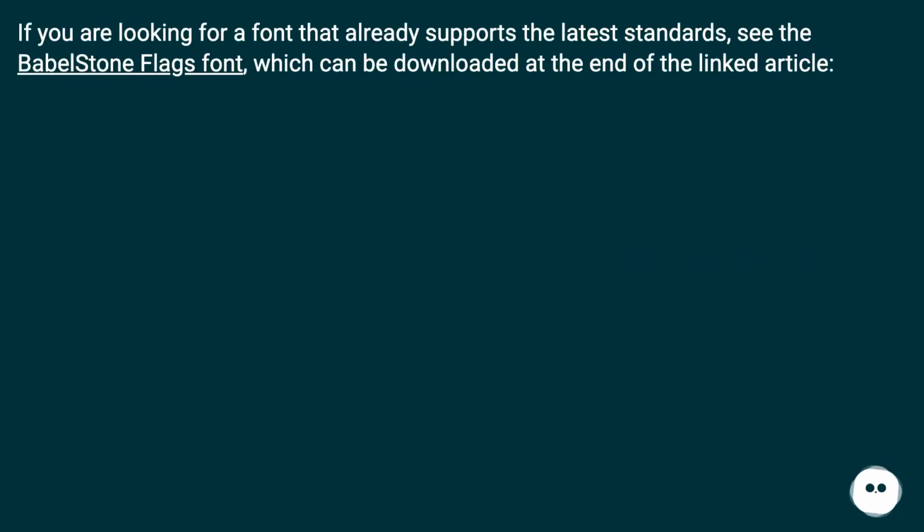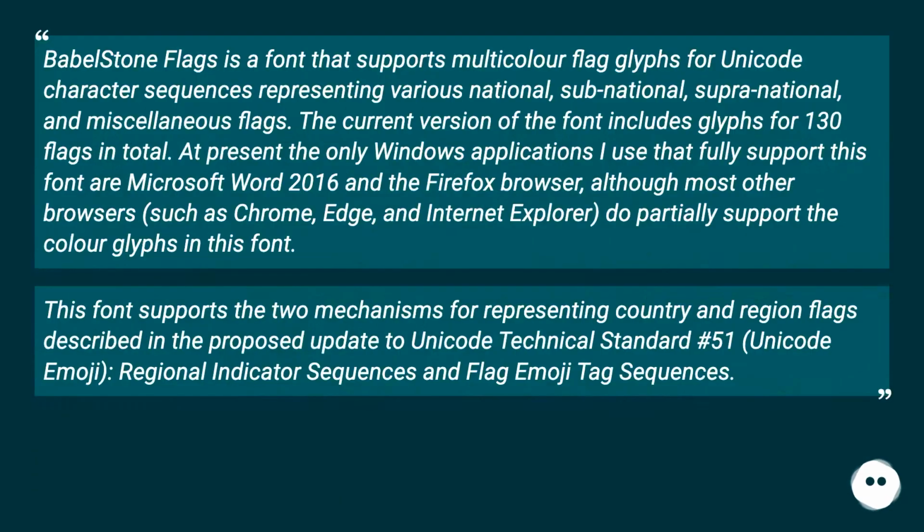If you are looking for a font that already supports the latest standards, see the Babelstone Flags font, which can be downloaded at the end of the linked article. Babelstone Flags is a font that supports multicolor flag glyphs for Unicode character sequences representing various national, subnational, supranational, and miscellaneous flags. The current version of the font includes glyphs for 130 flags in total.